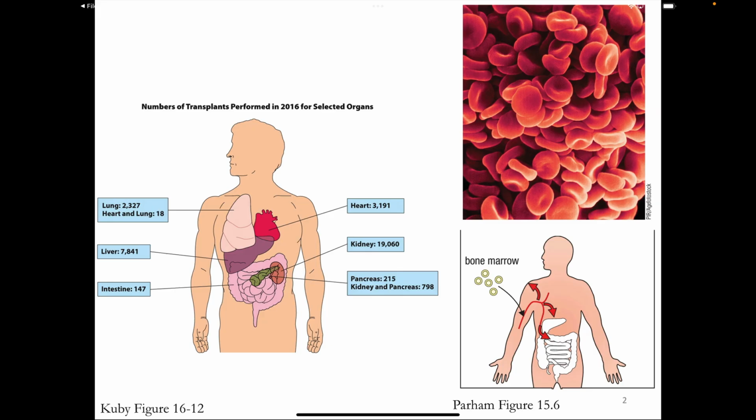So one thing that I will say only a little bit about is blood transfusion. And you can see some examples of some red blood cells up in the upper right, where we are seeing a transplantation of red blood cells, as we see in blood transfusion.